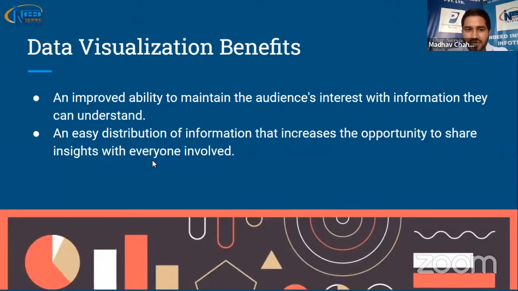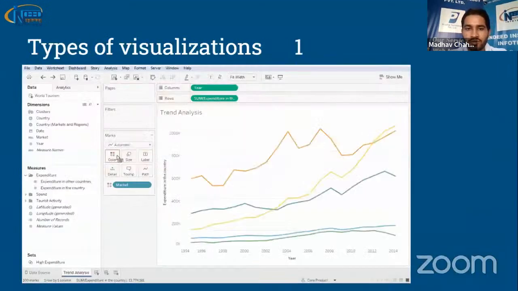Apart from this, an easy distribution of information that increases the opportunity for insights with everyone involved. So this is similar to the first point, the audience's interest basically. How well we can depict or display the data using the visual elements so that every individual representing different heads of the organization can relate to the data.